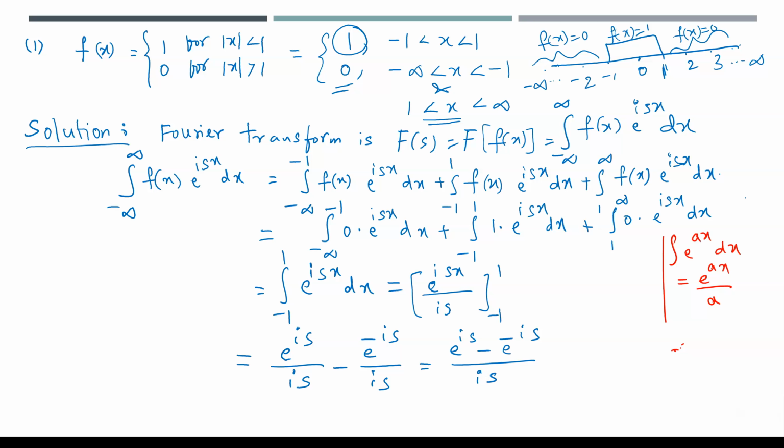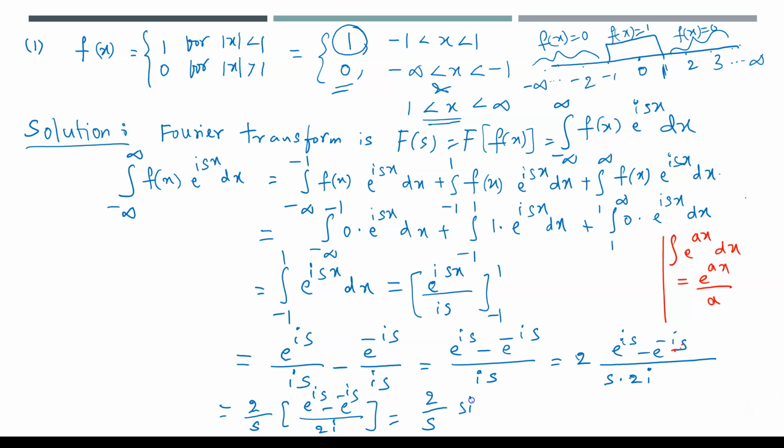If you multiply and divide this by 2i, you get 2 into (e^{is} minus e^{-is}) upon 2i, upon s. Okay, this is nothing but 2 by s times (e^{is} minus e^{-is}) upon 2i. This is 2 by s sin s, or you can write 2 sin s upon s.